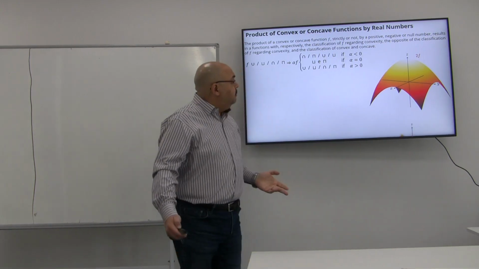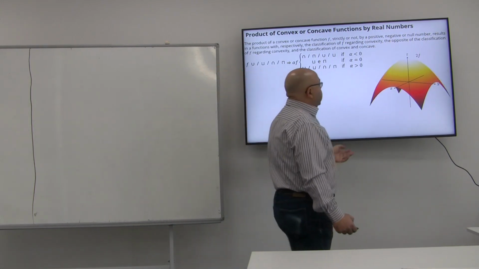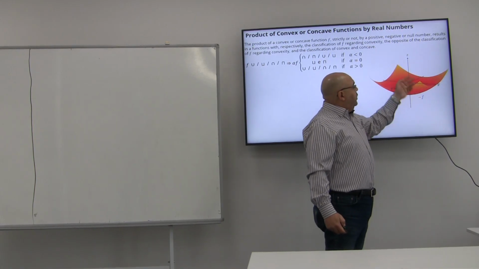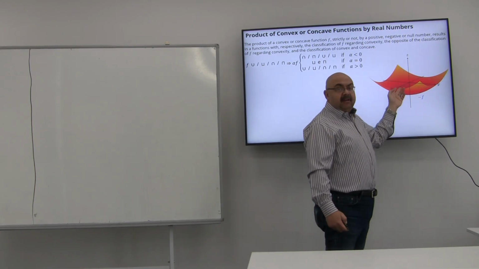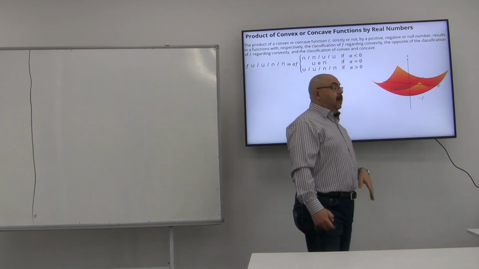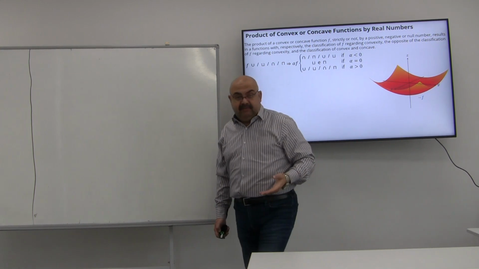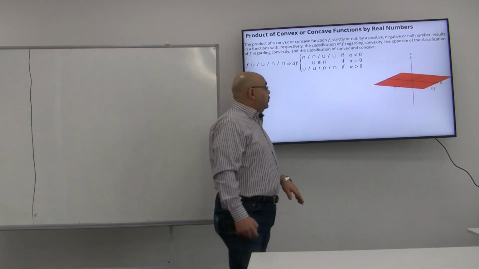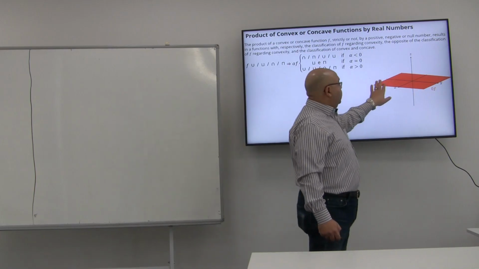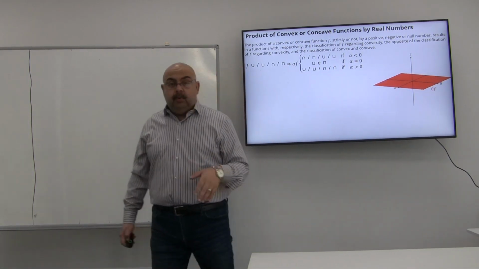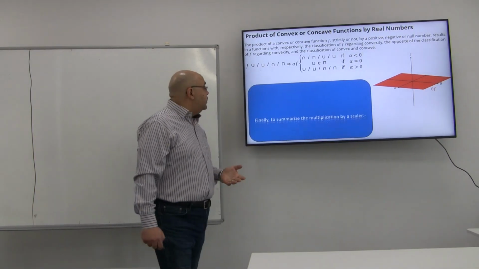If we multiply by a negative value, instead of having a concave function, it's going to be a convex function, as you can see. And also, if we multiply by another positive value, in this case the concavity will increase. If we multiply by null, we will have the null shape, which is concave and convex at the same time.